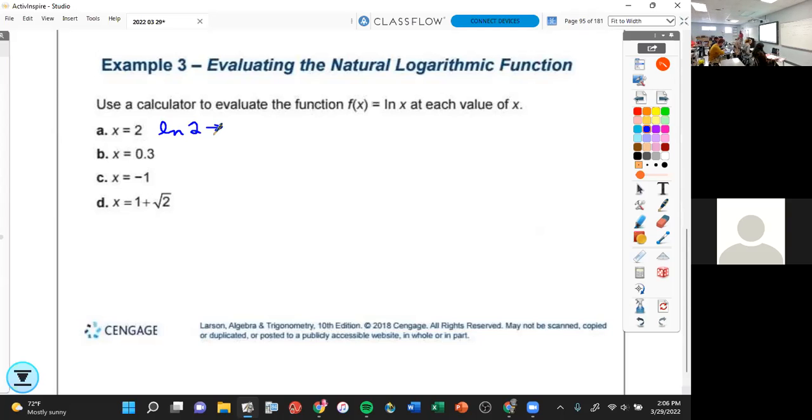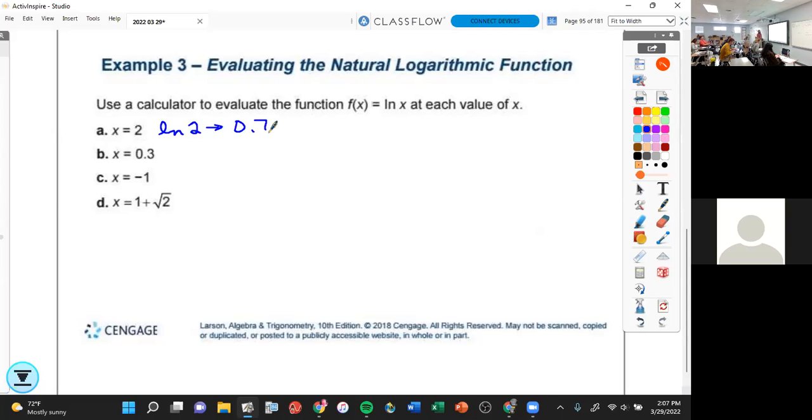You just hit the natural log button, ln, where the on button is, go up, then 2. So the natural log of 2 is about 0.7. Guys, I am rounding. The next slide is going to show the answers spread out.